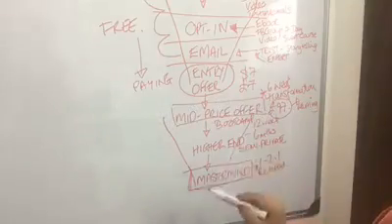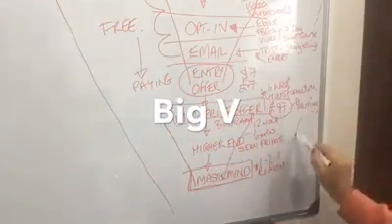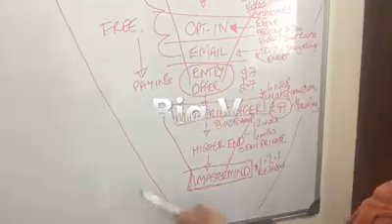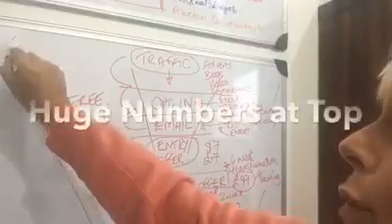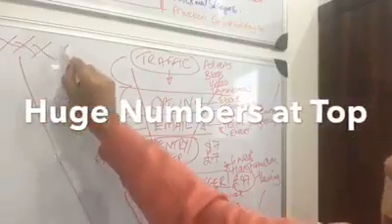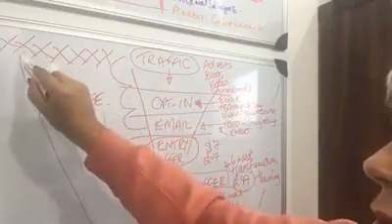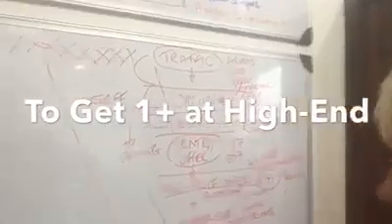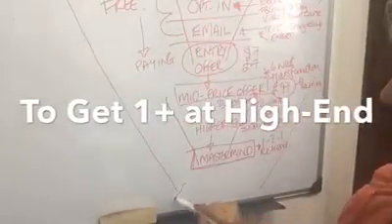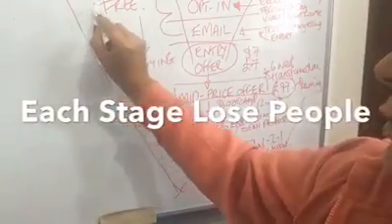As you can see, the reason it's called a funnel is it comes down in this big V. In other words, at the top, you need a huge amount of people to take just one down to the very bottom, because at each stage you lose people.